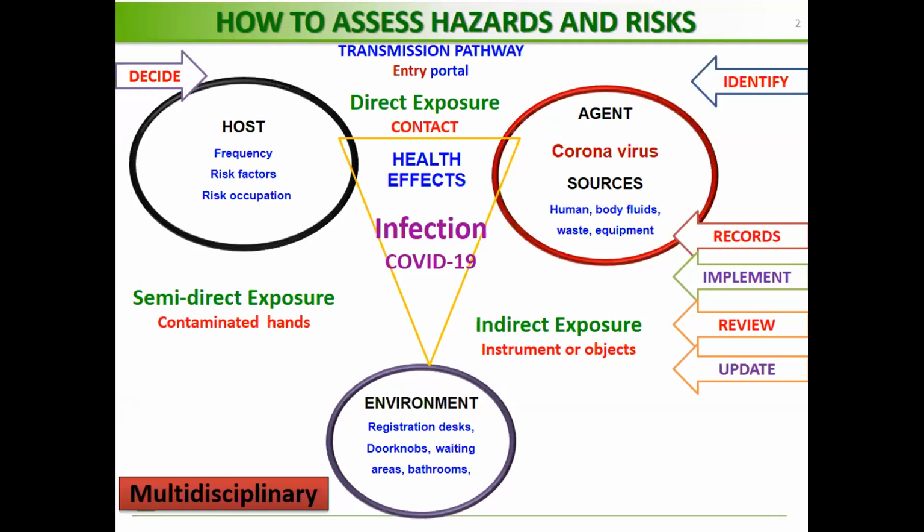Just to note that risk assessment must be done by a multidisciplinary team. The reason for this is that you will need different expertise to conduct a risk assessment. For example, a microbiologist will be focusing on the microbiology part, and then you're going to need a person who will look at the building as well. So you might need an engineer or an architect.